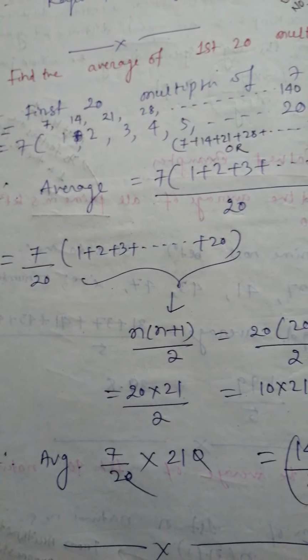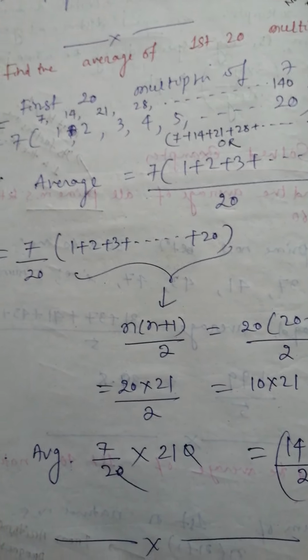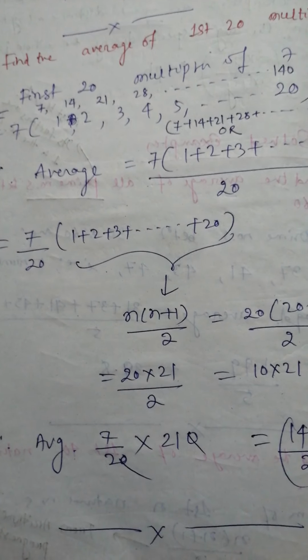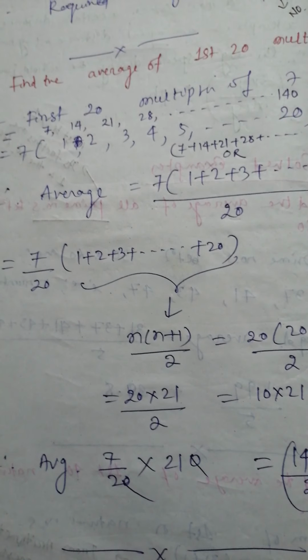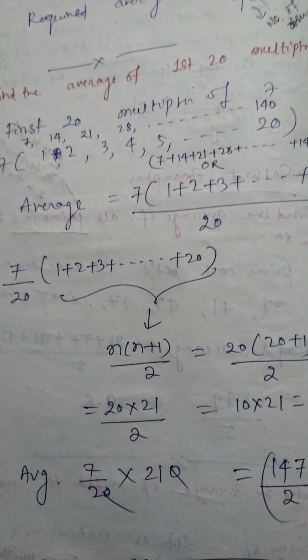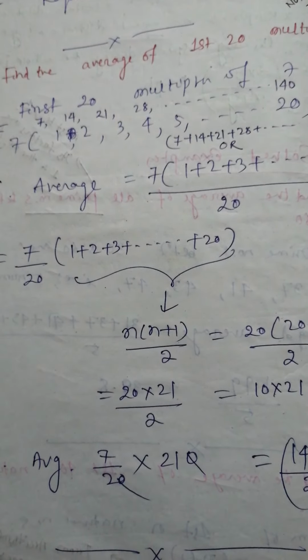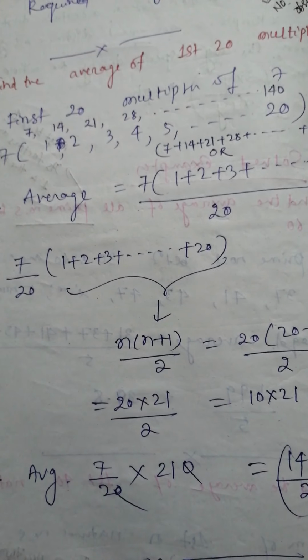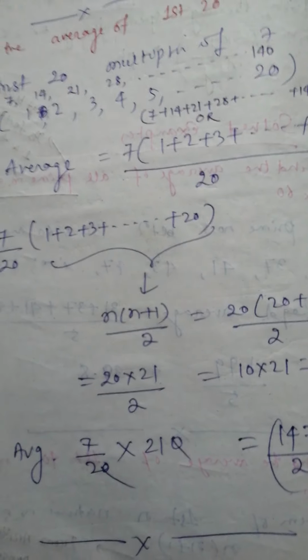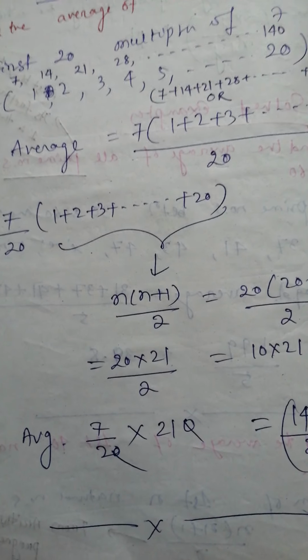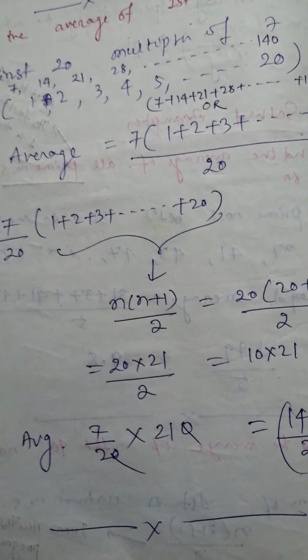So here I can write 7 by 20, having taken 7 as the common thing, and in the bracket I have written 1, 2, 3 up to 20, which can be written as the formula n into n plus 1 divided by 2.